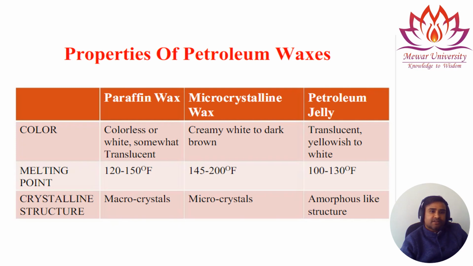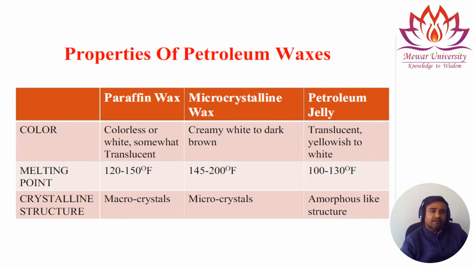That means it is transparent, so it looks like light white. The microcrystalline wax is creamy white to dark brown, and petroleum jelly is translucent, yellowish to white.